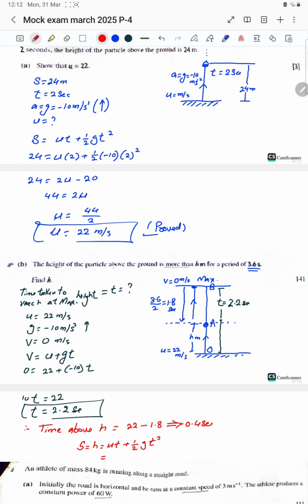So h will be, u is given as 22, and the time is 0.4, which we have calculated, the difference of times, plus half times minus 10 times 0.4 squared. On the calculator we will solve it, and we get 8 meters is the height for a period of 3 seconds above the ground. So this is the required height. This is the final answer.